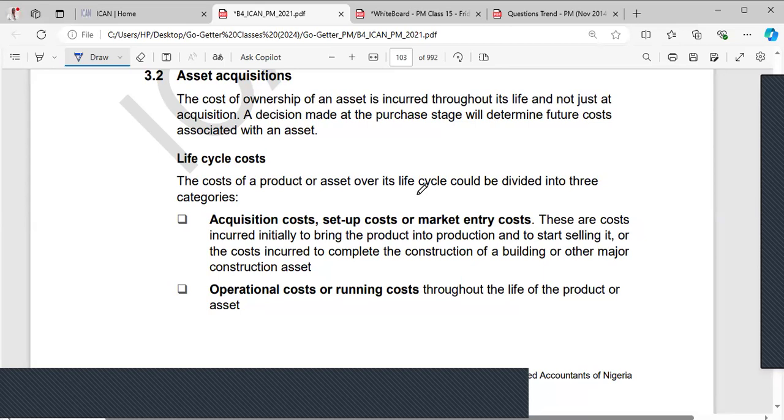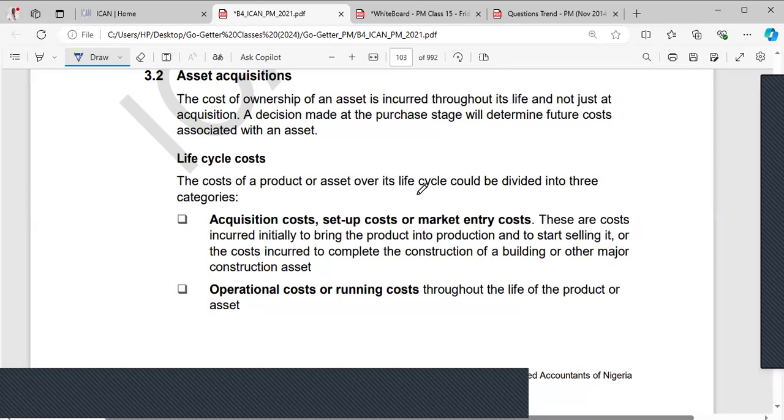It could even be a solar system: the cost of buying the solar generator, bringing it to your house, installing it, and making it work because you want to use it for market purposes. So that's what we are saying. This is a one-off cost, a major cost. Setup cost is also incurred at the beginning, before operation.